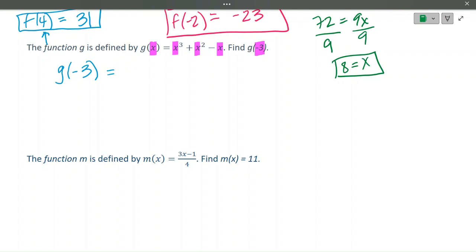Here's what's tricky about this when you've got exponents. Your x value has to go in parentheses because the whole x value is getting raised to the power of 3, and now it's getting raised to the power of 2. If we don't put the parentheses, the parts that need to be cubed or squared drop off. So in this problem, I've got a negative times a negative times a negative.